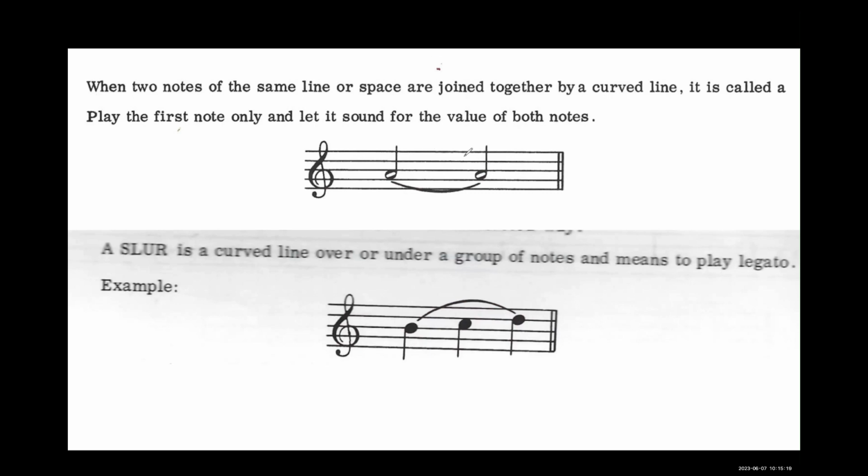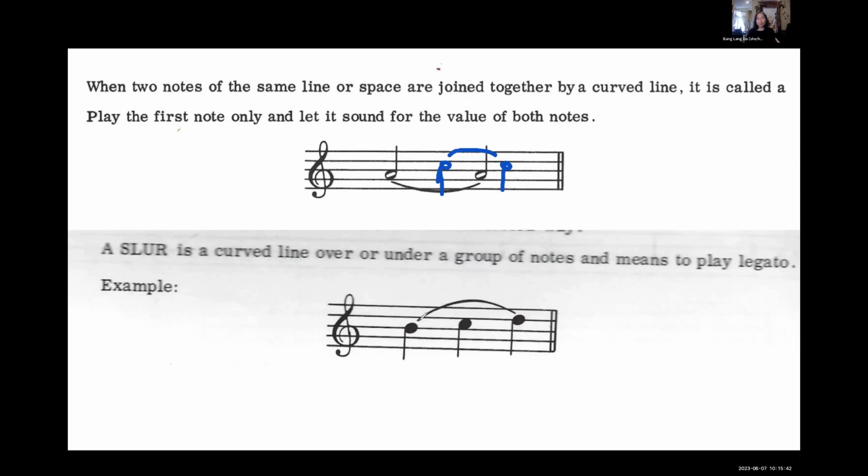Dr. Dahl, when you have a slur with three or four notes, does it mean you just go softer and softer and softer as you go? No. What I said about softer is only applying to the two note slurs. What happens when you have three or four? It's called a legato line.